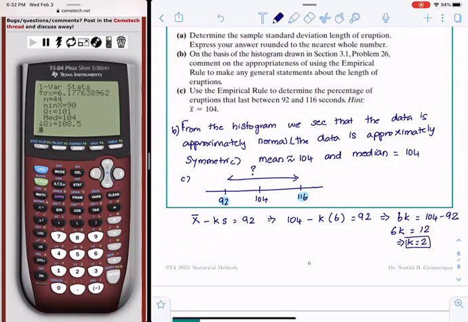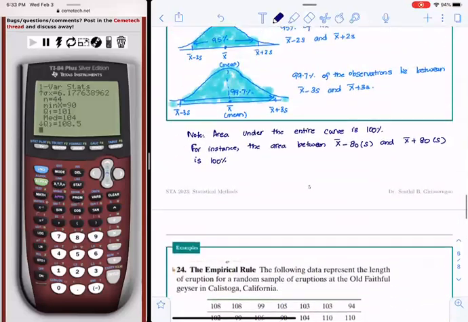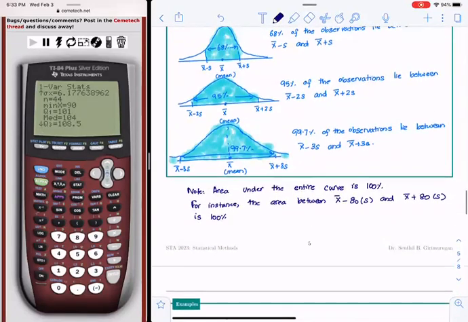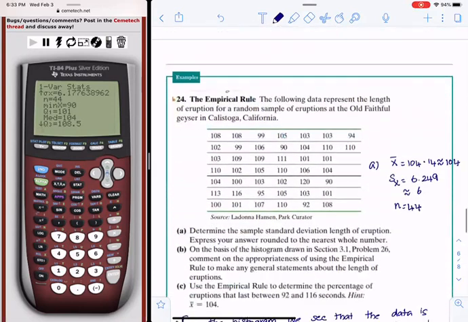So if I get 2 for the left-hand side, and if I get 2 for the right-hand side, then I know from the empirical rule what percent of observations would lie between 92 and 116.